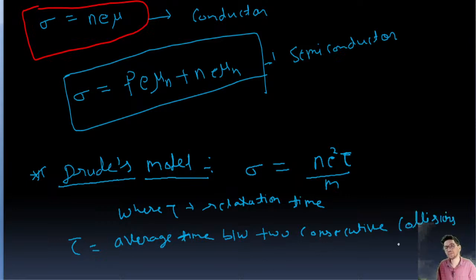This is the tau, the average time between two consecutive collisions.